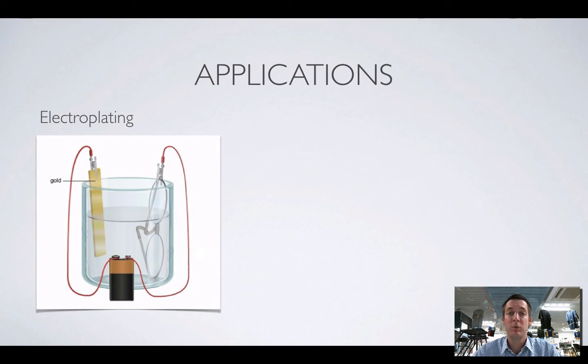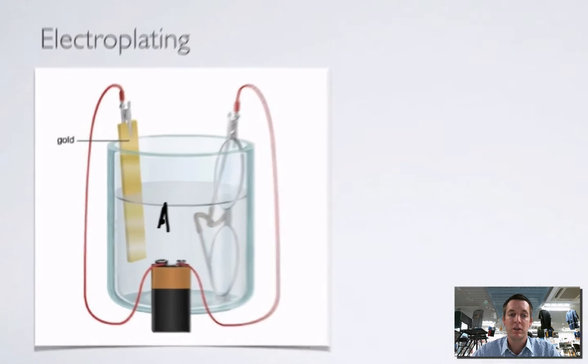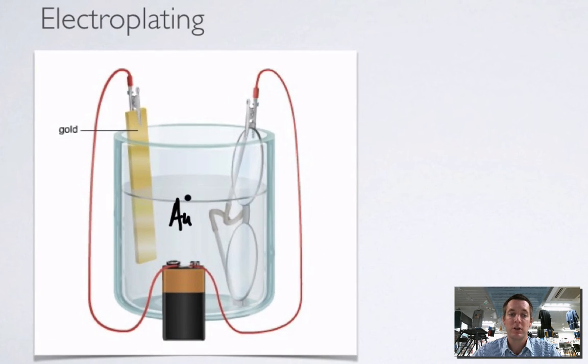So, if you wanted to plate something in another metal, like this pair of glasses here that we're trying to plate in gold, then we have a solution that contains the ions of the metal that we want to coat this thing with, and we can have a look on our data sheet and see that these are gold 3+ ions. Connect whatever object it is that you want to plate to the negative electrode to attract these positive ions to it.